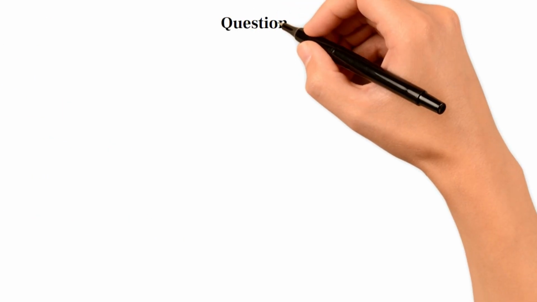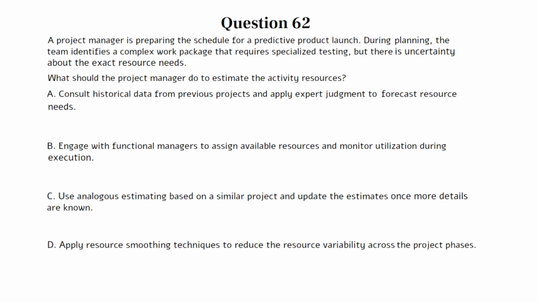Question 62. A project manager is preparing the schedule for a predictive product launch. During planning, the team identifies a complex work package that requires specialized testing, but there is uncertainty about the exact resource needs. What should the project manager do to estimate the activity resources? A. Consult historical data from previous projects and apply expert judgment to forecast resource needs.